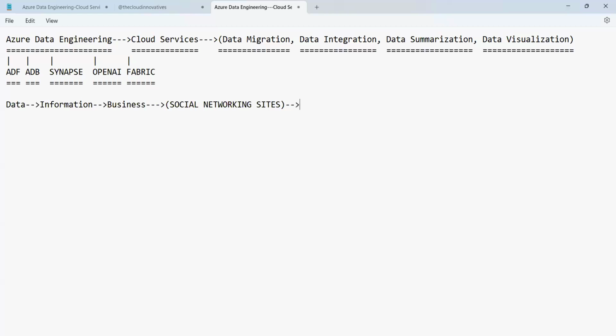You have FB, which is Facebook, then we have Insta, and then we have Twitter, and then you have LinkedIn, etc. These are all the social networking sites we can have.